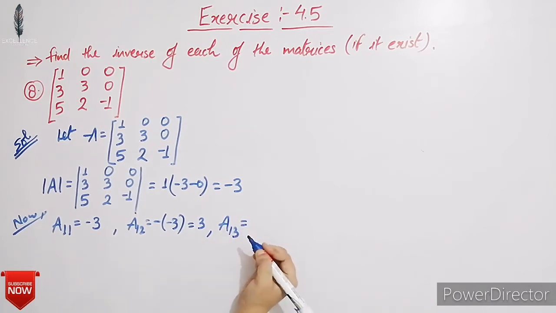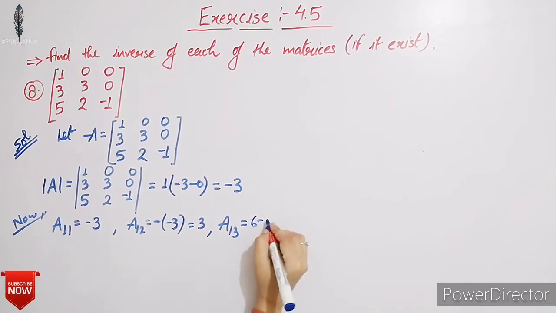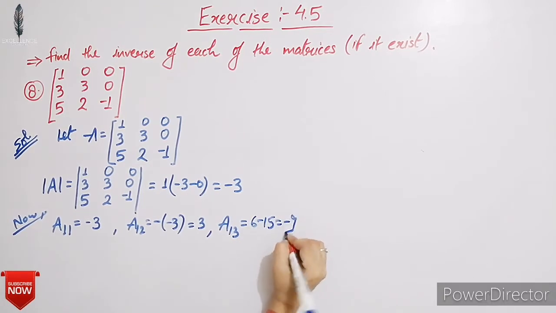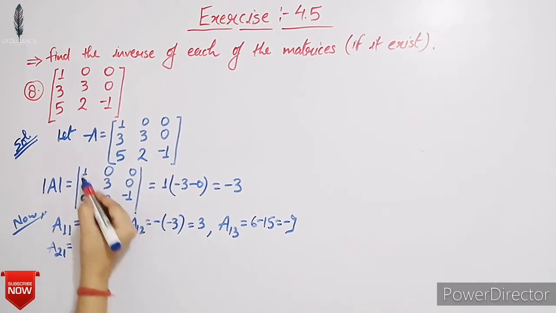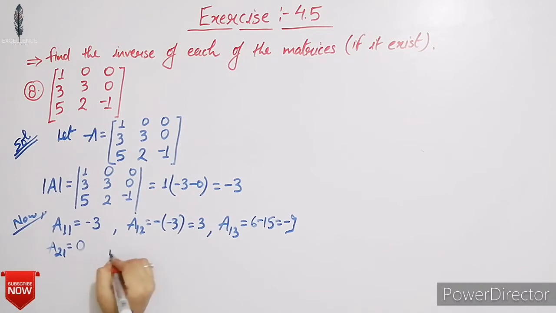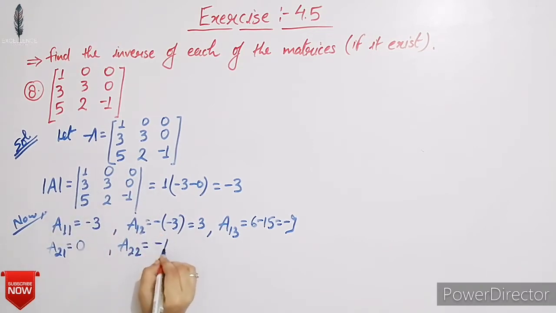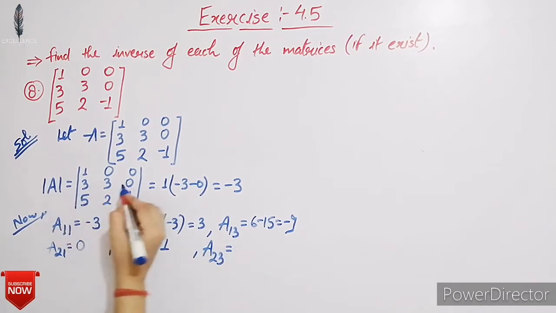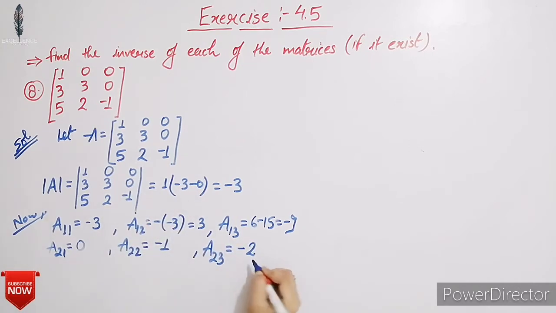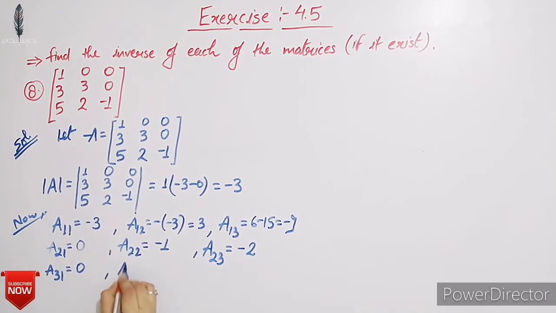And A13 is positive M13, that is equal to 6 − 15 = −9, and A21 is negative M21, so it is equal to 0, and A22 is positive M22, and here it is −1, and A23 is negative M23, that is −2, and A31 is positive M31, that is 0.